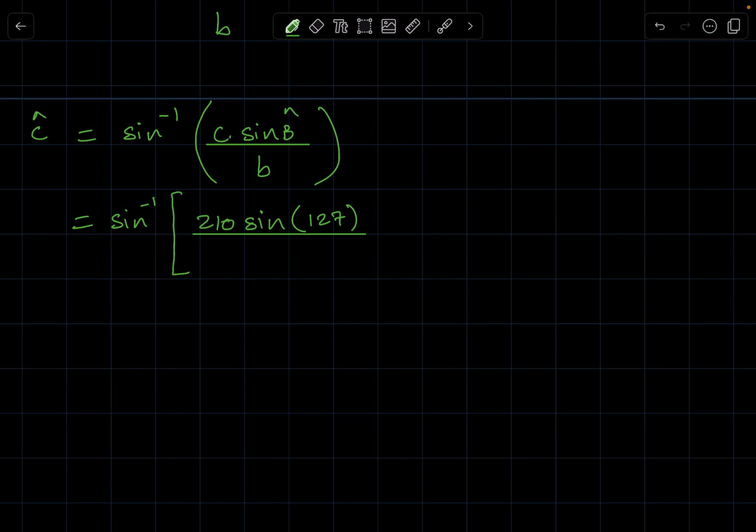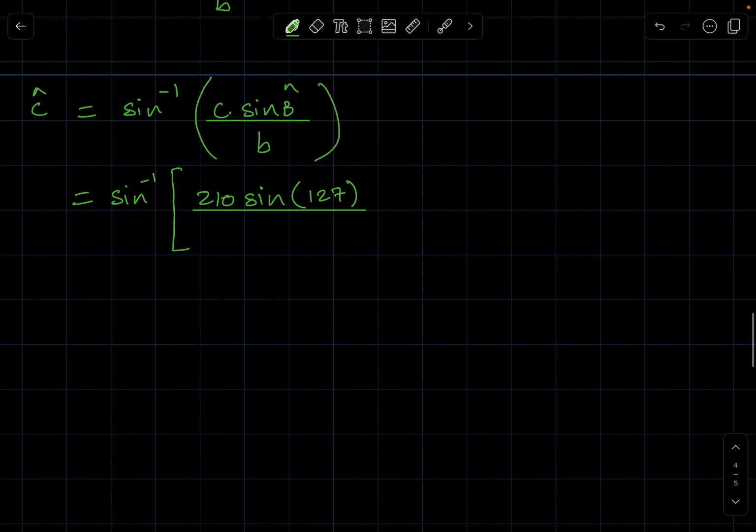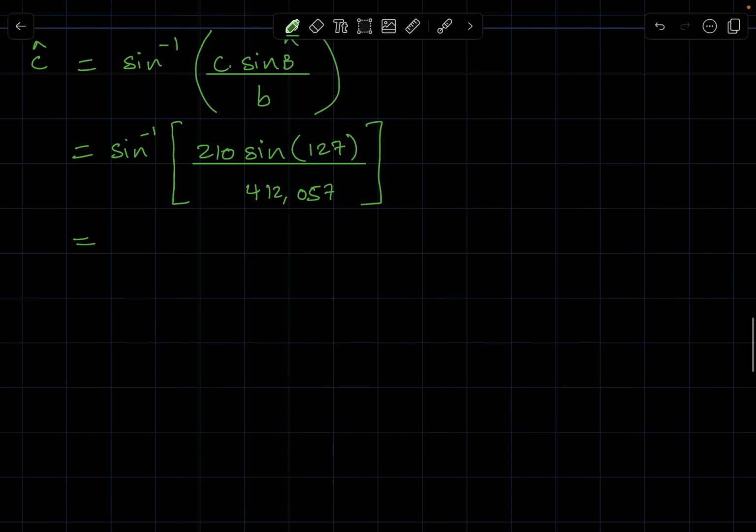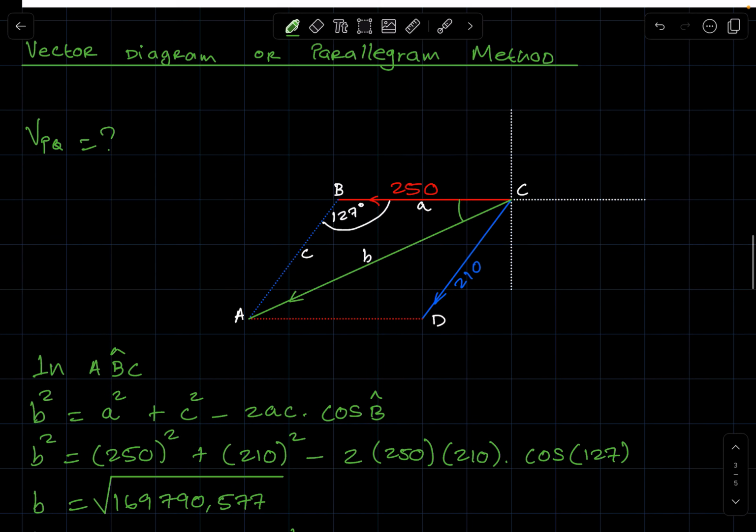So this divided by side B. When you calculated side B, we got 412, so this is 412,057. Right, now if you punch this in your calculators, you are going to get 24.017 degrees.